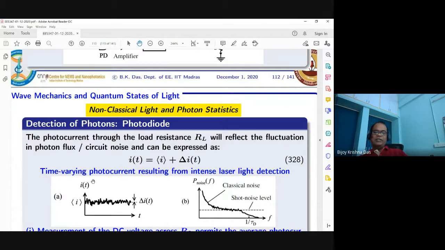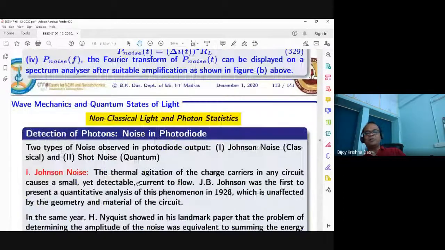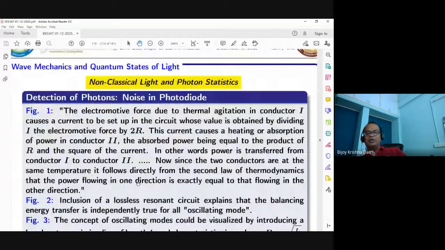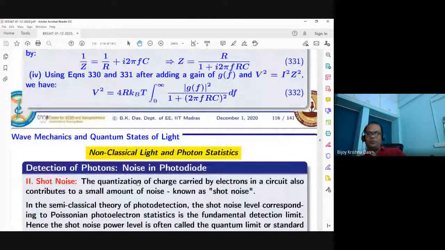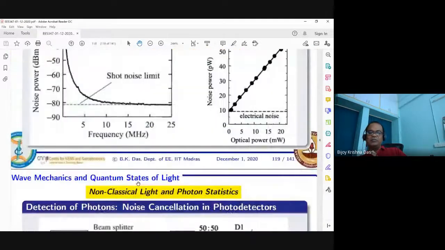If you are increasing I, this will be increasing, and correspondingly your delta I may not be the same. As you increase your P, the delta I variation you get for higher current may be different. So as a function of power, your delta I can be the same or different.